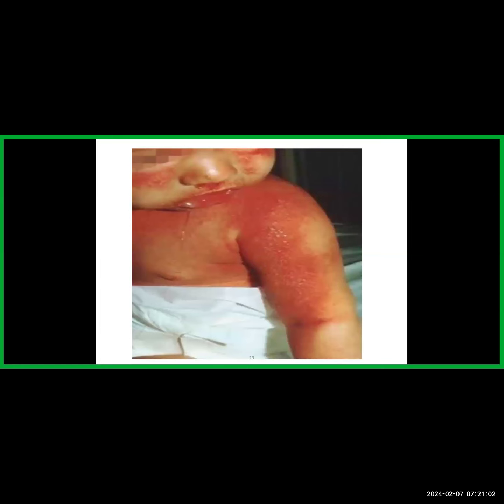This is a patient with staphylococcal scalded skin syndrome. You can see the widespread erythematous rashes on the arm, the trunk, and the face. These are some bullae in the skin of a patient with staphylococcal scalded skin syndrome.